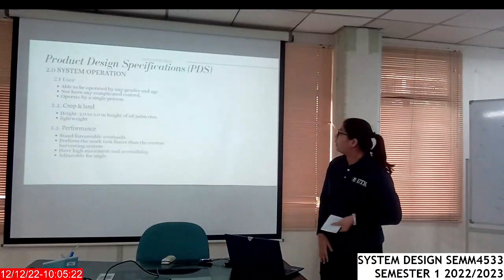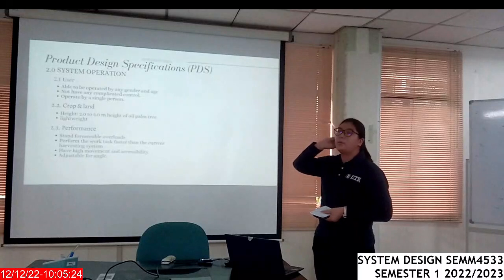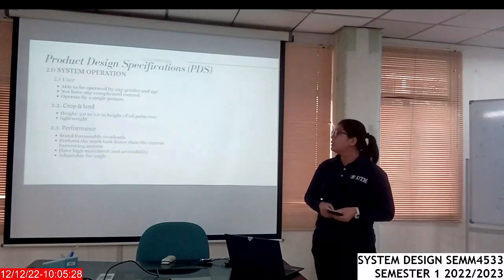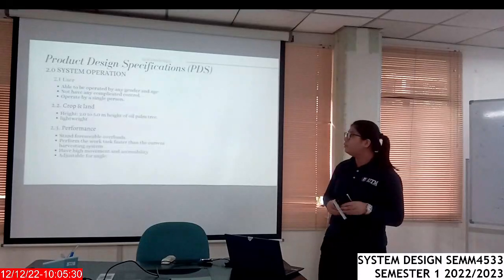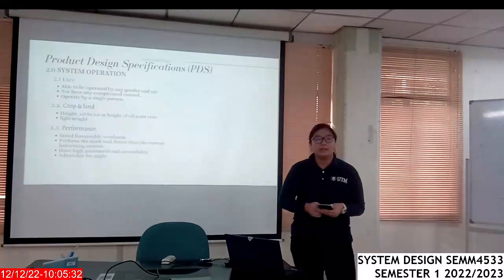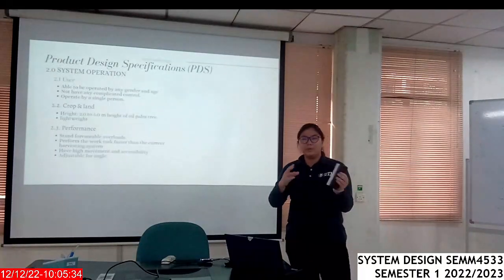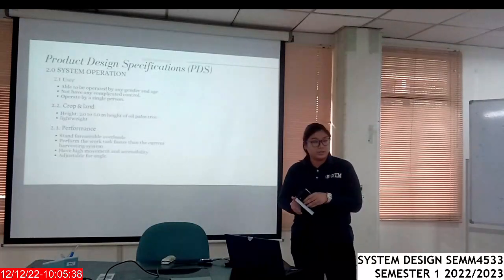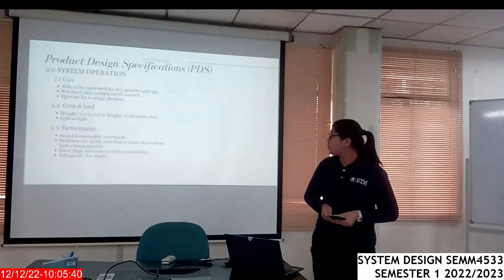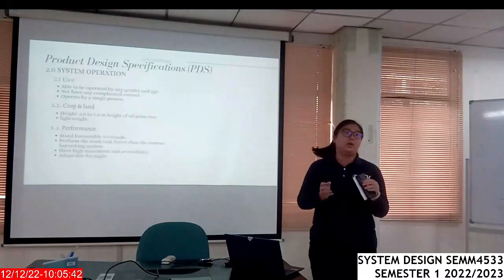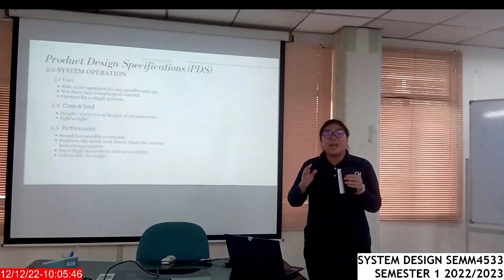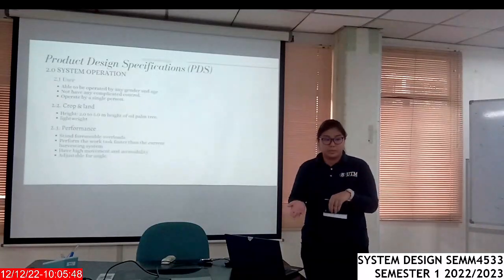Okay, the second one is about the system operation. We target that the user able to operate the machine can be of any gender and age, and the users will not have any complicated control, meaning it will not require very high skill to use the machine.